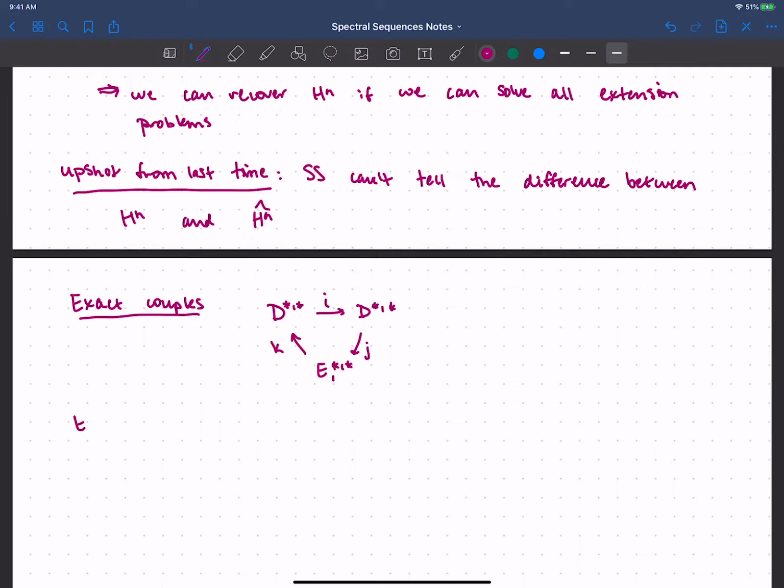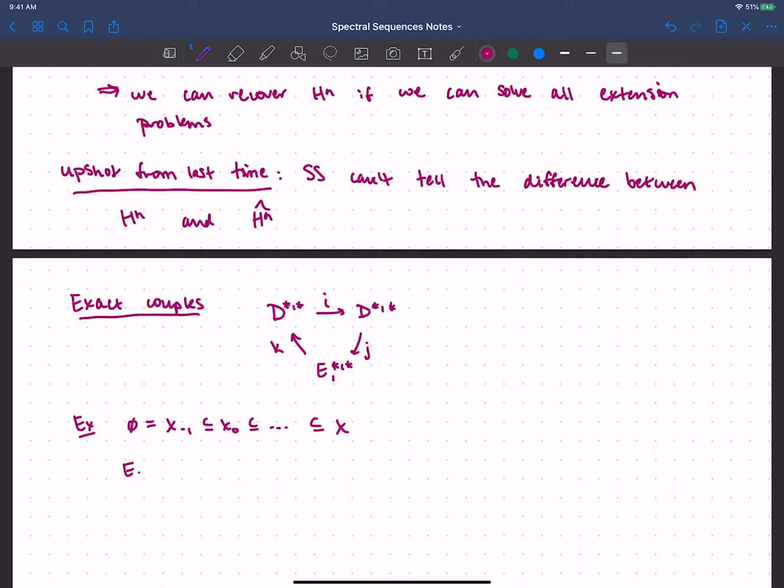And the example I want to have in mind is one of the examples I guess we've been looking at the whole time. So we have some filtered space, filtered CW complex with a cellular filtration, but not necessarily the CW filtration.